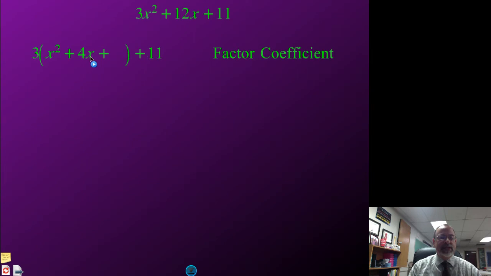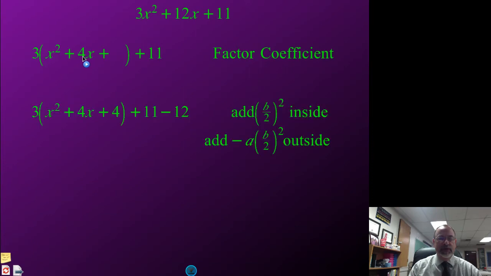But now I've got to take the opposite, not the opposite. I'm going to take this b term, which is 4, divide it by 2, and square it. So I'm going to add 4 into the equation here. Now I added 4 in here, but remember, everything in the parentheses is being multiplied by this 3. So while I added 4 on the inside, in order to balance off what I just did, I need to subtract that same value from the outside.